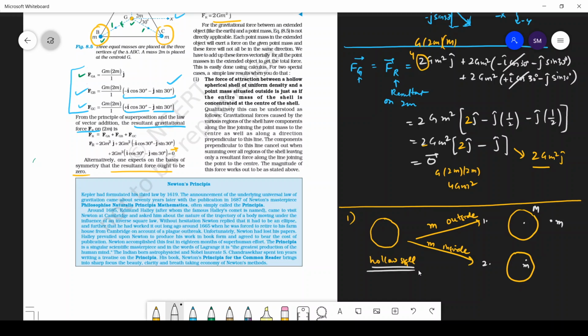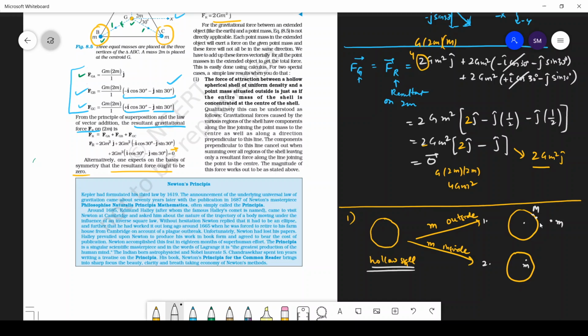So hollow shell, mass is outside and mass is over here. And you say, sir, what about if the mass is on the surface? If the mass is on the surface, then there is no distance between them, so it sort of gets stuck over here. So this m is part of this. Okay, so r is 0, infinite force, it has become part of it, stuck to it. So that is why two cases, outside and inside.